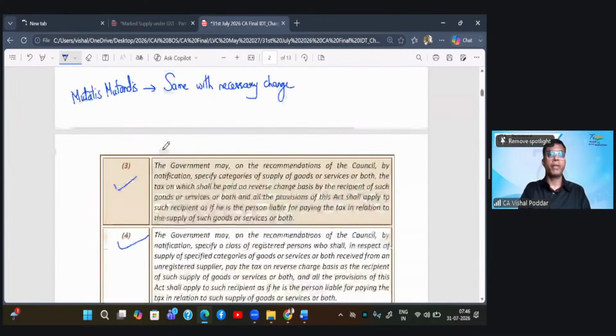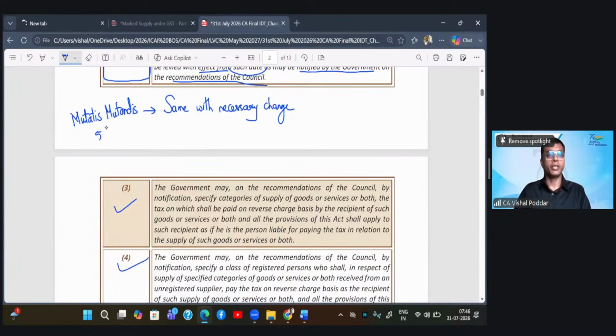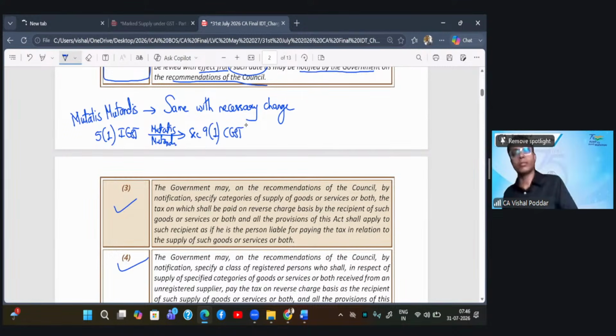So I'm comparing 5.1 of IGST and I'm saying that this is mutatis mutandis to section 9 bracket 1 of CGST. So when I say this section is mutatis mutandis to this section, what I mean is it is same with necessary change.